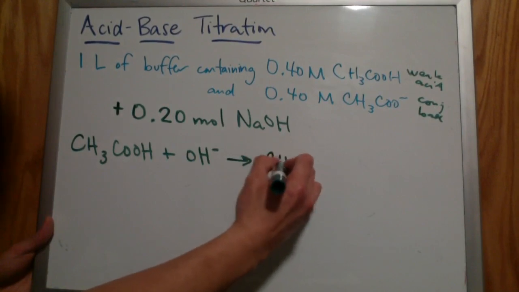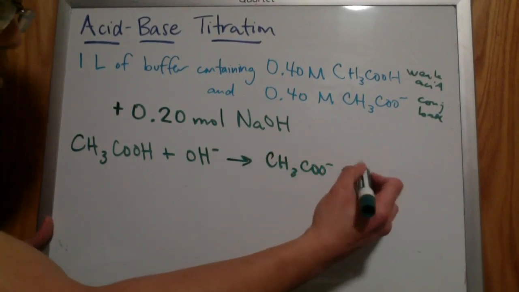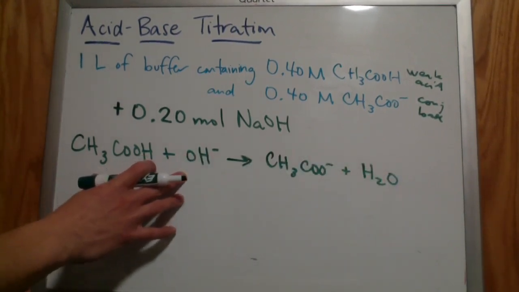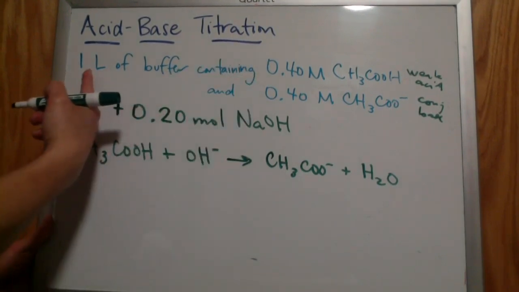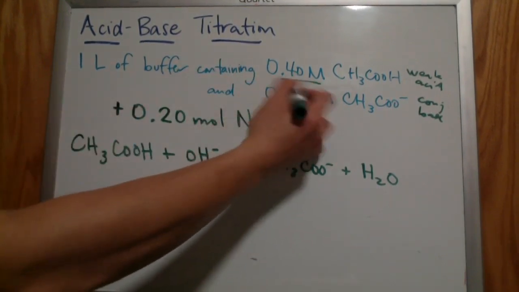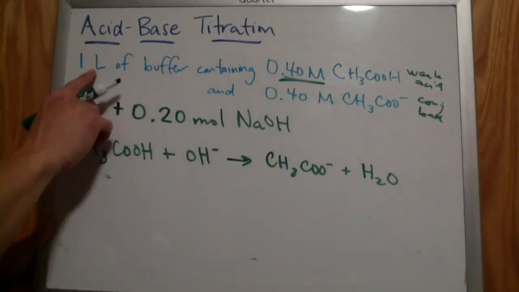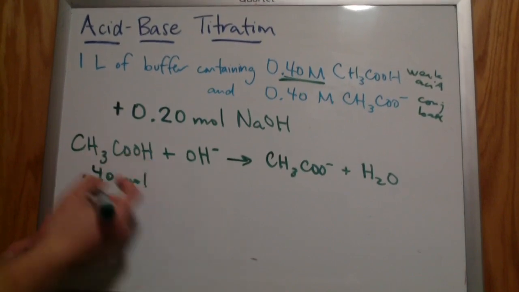And so we'd end up with CH3COO minus plus water here. Since we're using stoichiometry, we're going to write out what we have. I made it nice and easy, 1 liter, and we take the 0.40 molar times 1 liter, which is 0.40 moles of acetic acid.